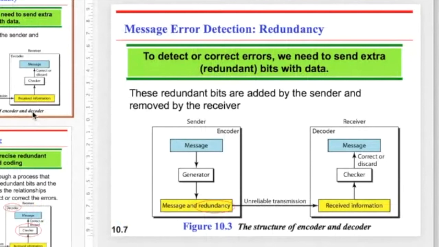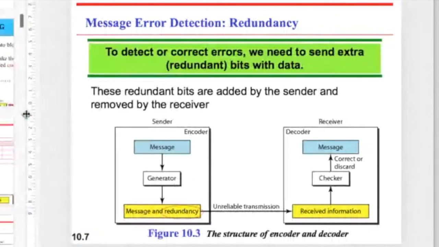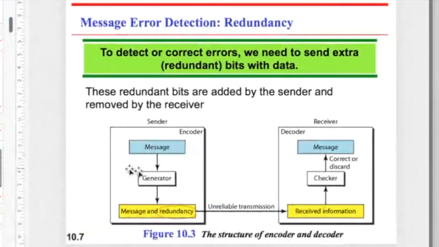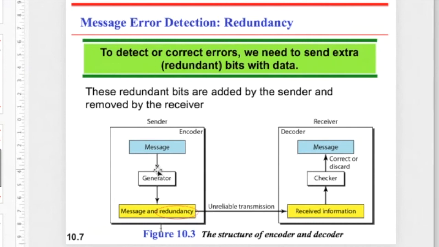Last time we started our chapter on error detection and correction, and we saw the overall scheme for detecting any error. We saw that the sender adds some redundant information which is generated through a software component called a generator and added with the message.